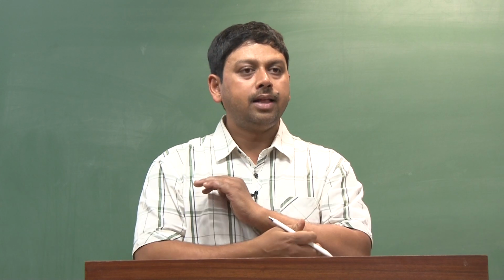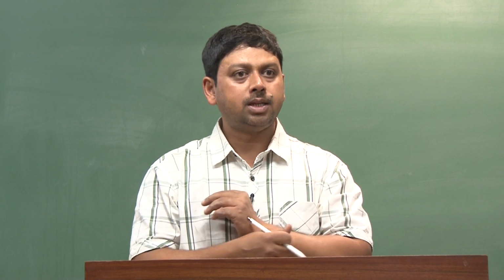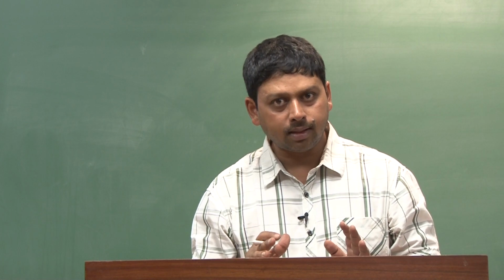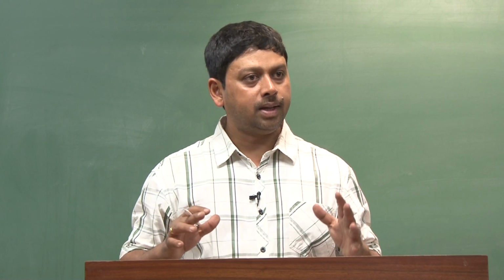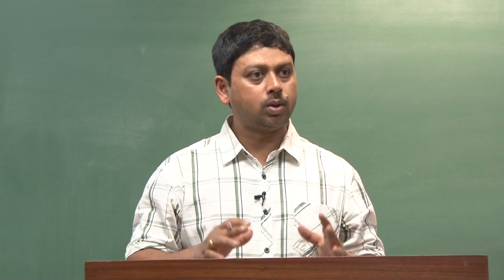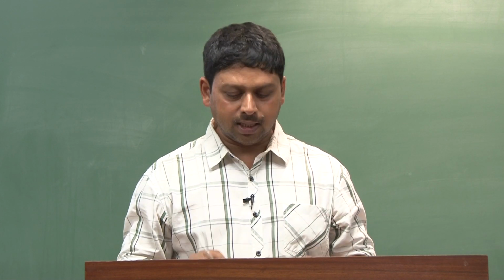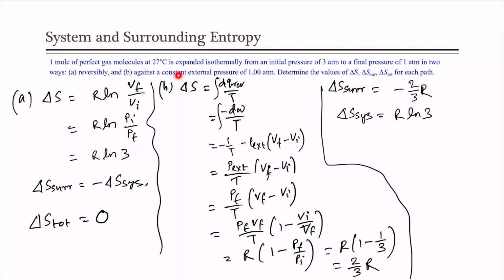So remember again that the entropy calculation for the system has to always be along a reversible path, it cannot be an irreversible path. Even if the process is happening irreversibly, one has to calculate the corresponding reversible path. In the second example, at a constant final pressure, the process is irreversible. However, for the entropy calculation we have to consider a reversible path, which is already done in problem A. So the system entropy still remains R ln 3.